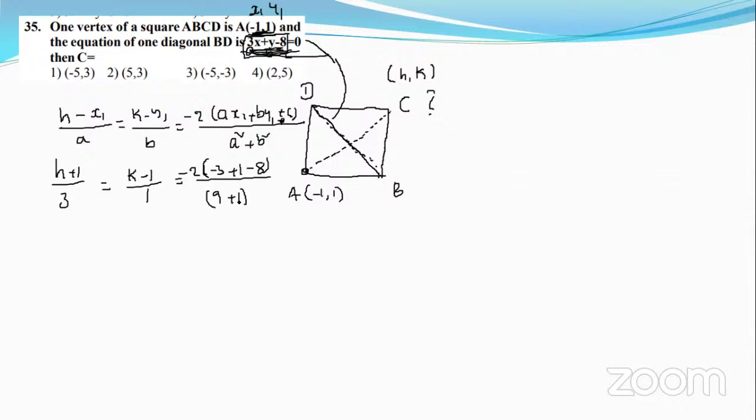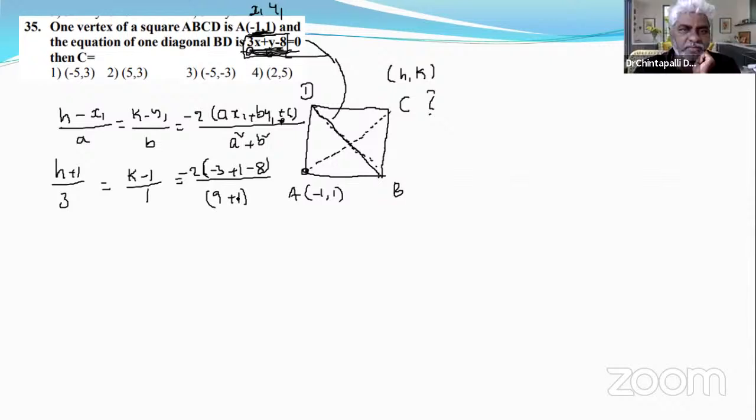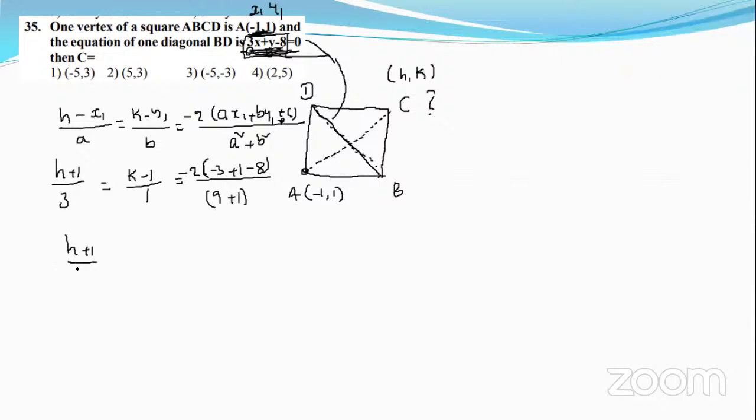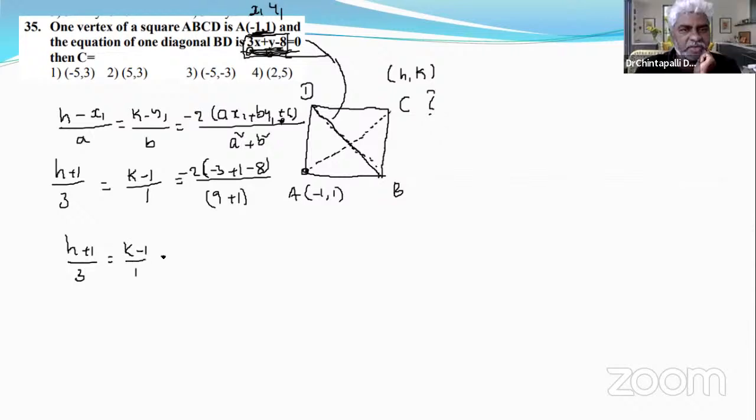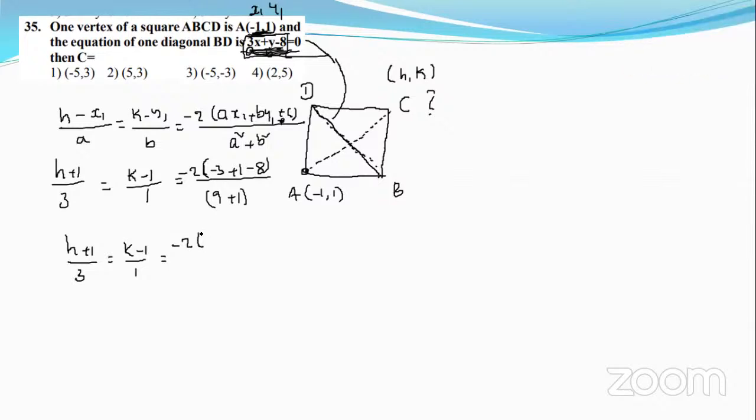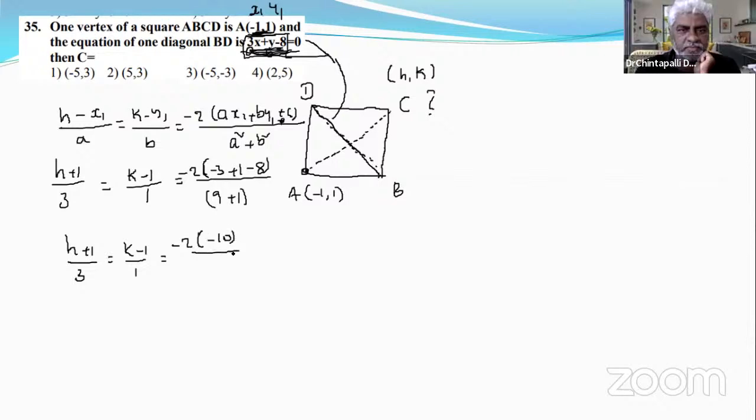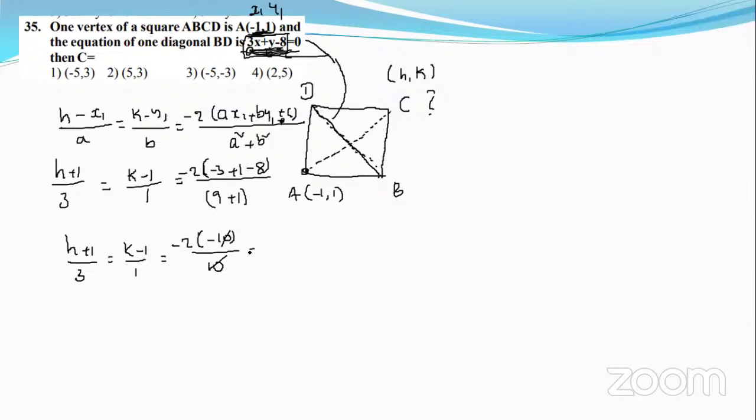So (h plus 1) by 3, and (k minus 1) by 1 is equal to negative 2 times (negative 3 plus 1 minus 8), which is negative 10, over 10. The 10s cancel. Negative 2 times negative 1 is positive 2.